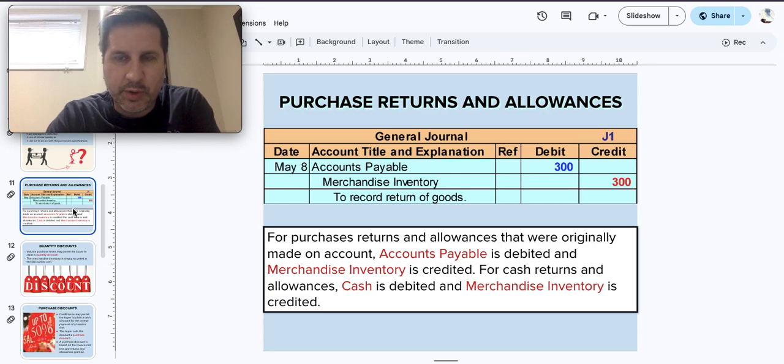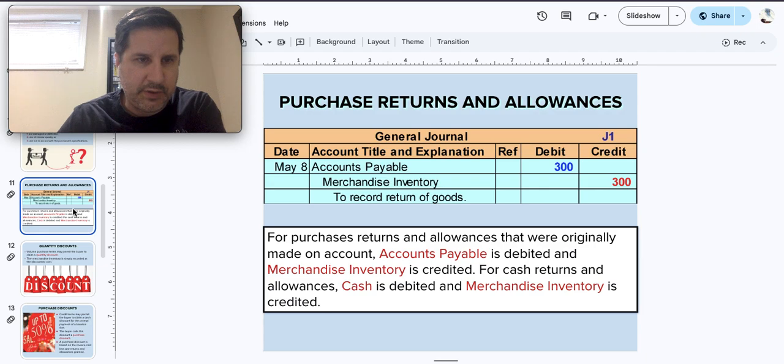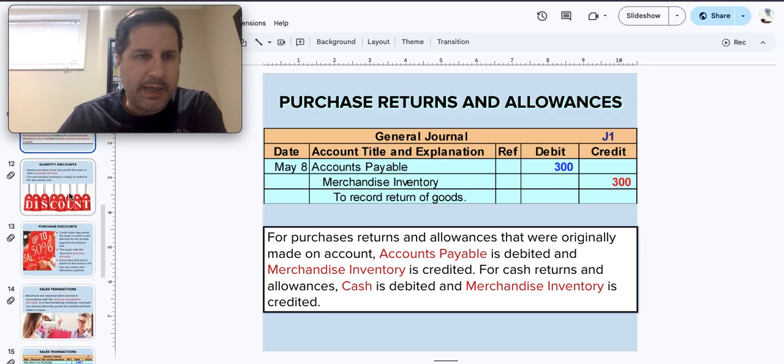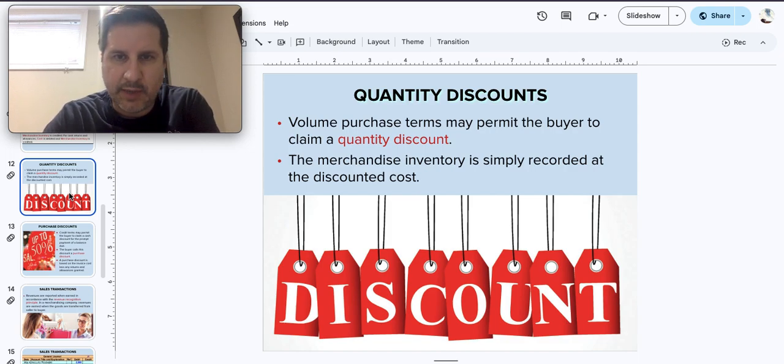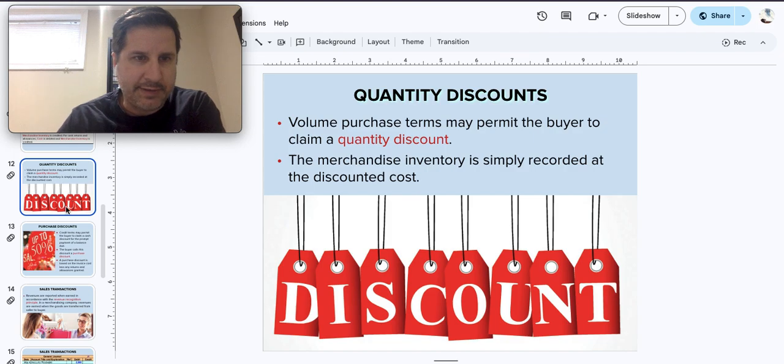And in return, we don't have that $300 in merchandise inventory, so it will be a debit to accounts payable, as it's a liability, so it's a minus plus account, and then we will credit our merchandise inventory. In an upcoming example, you're going to see some discounts. If we have a discount in our purchases, we just take that discount off the bat. So let's say we bought it for $1,000, but we get a 10% discount. We're going to put merchandise inventory at $900, not at $1,000, to reflect the fact that we got that discount.